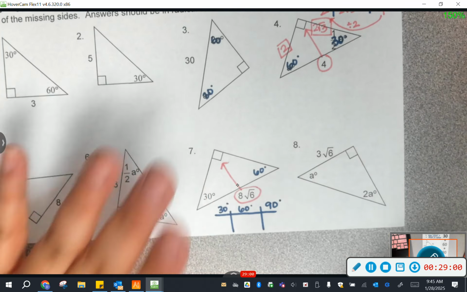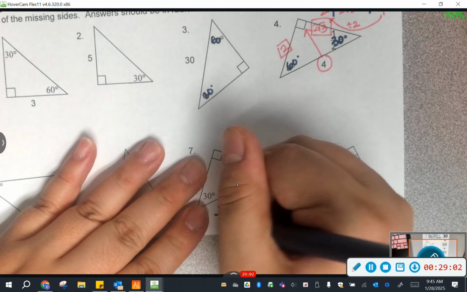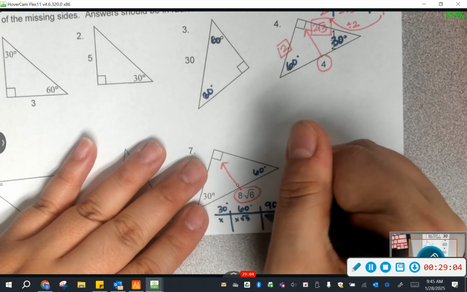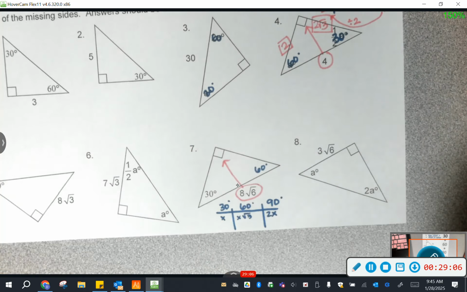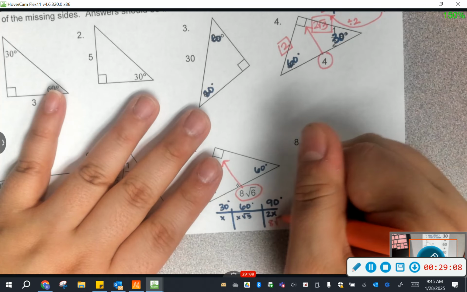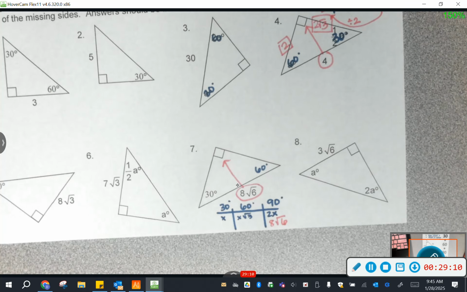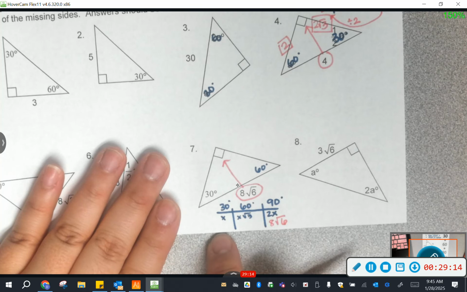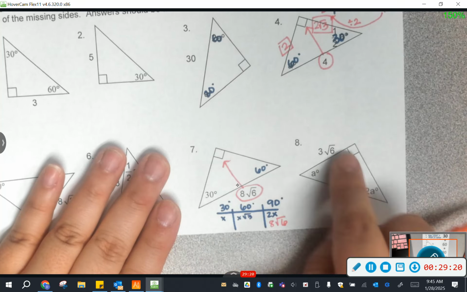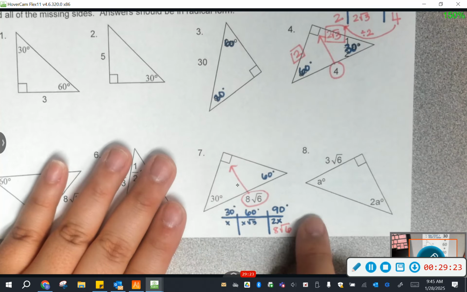Across from what? 90. So I'm going to put 8 square root of 6 across from the 90. How do I get to x? Divide by 2. Isn't that what we did right here? We divided by 2.